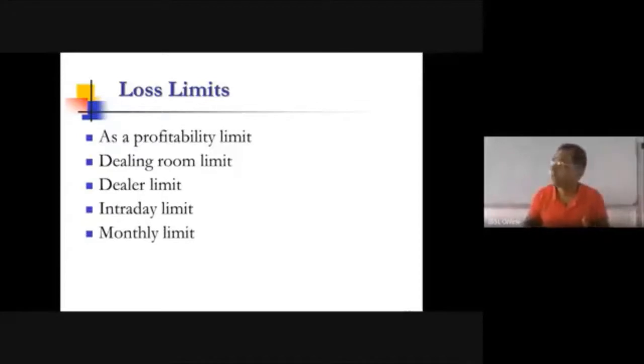Why is there what you call a loss limit here? What is the reason for that? Remember what I told you earlier? What is the only function of the bank that has a trading mandate, license to trade? Which is the only function of the bank that is allowed to trade?